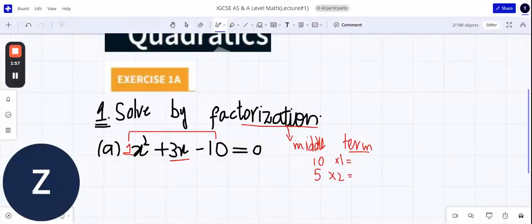But 10 plus 1 would be 11 and 10 minus 1 is 9. It means that these two factors are not valid for the given equation. Now let's check the bottom one. 5 plus 2 is 7, but 5 minus 2 is 3. It means that these two factors are valid.